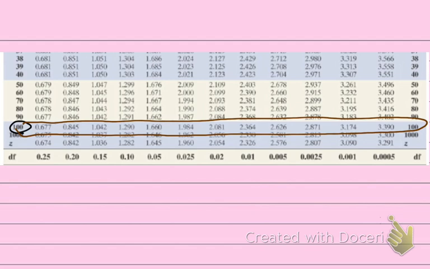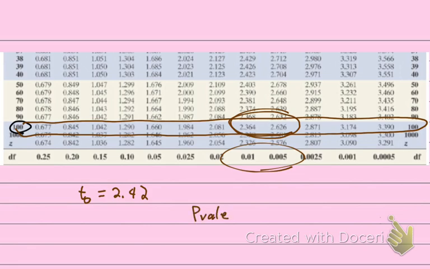Our test statistic t-naught was 2.42, and when we look somewhere between these two, our p-value is going to be between 0.01 and 0.005. All right, we're going to compare that to the alpha, which our alpha is 0.05.